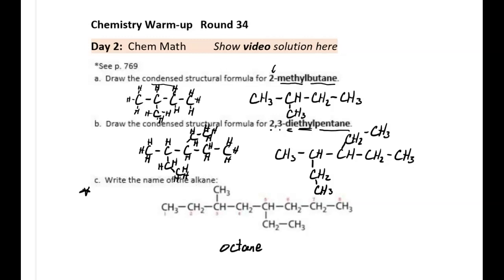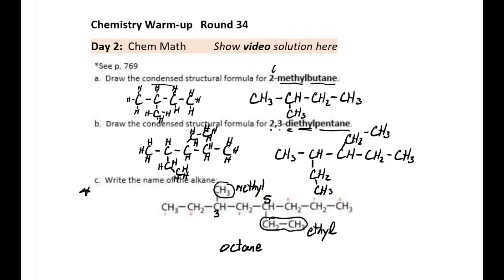Now, in front of that word octane, you will put names of any branches. There appear to be 2 branches. At the third carbon on the parent, there is a methyl branch. At the 5th carbon on the parent, there is an ethyl branch.